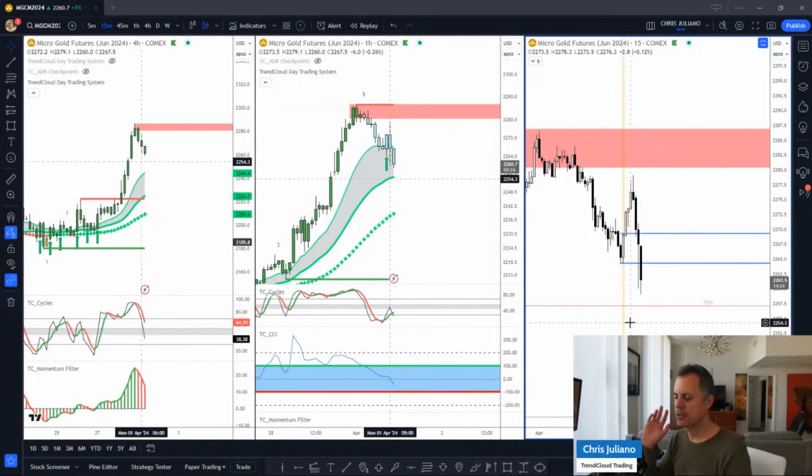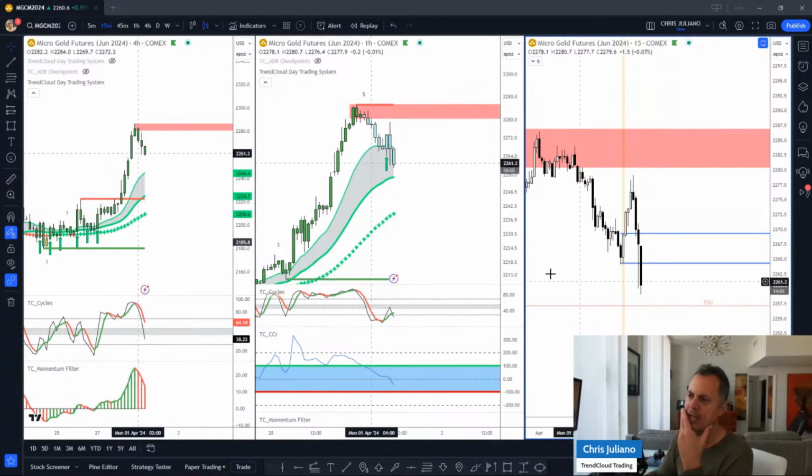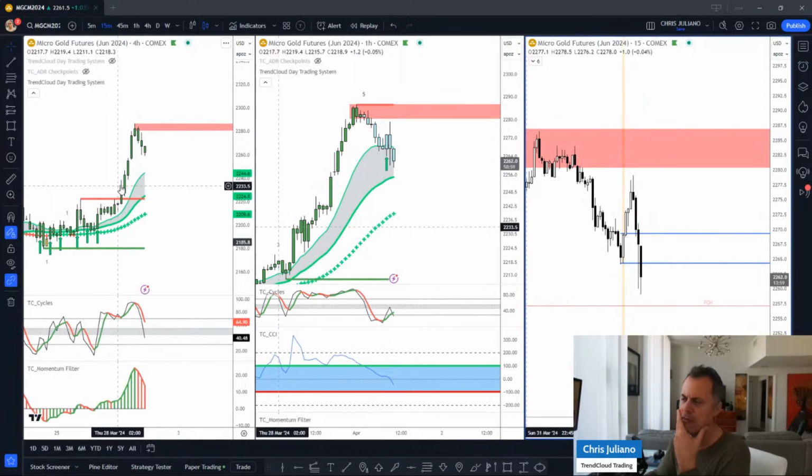That is what TrendCloud gets you used to doing. It gets you used to filtering out your trades and thinking through everything. When you've got a system, when you have an organized method of trading, and that method is objective, now you can walk yourself through each time frame and say, well, we're in an uptrend, so that means I'm looking for longs.